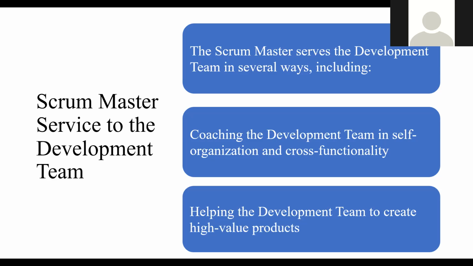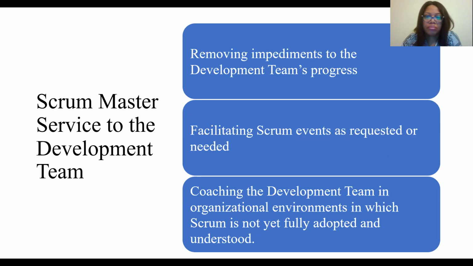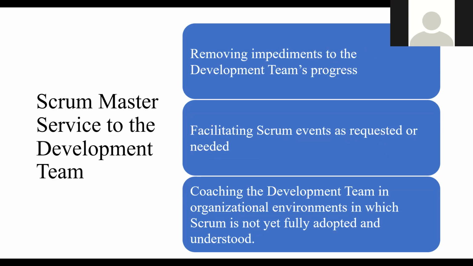Next slide. And like I said earlier, the Scrum Master removes impediments to dev team progress. When there is any issue hindering the progress of a backlog item, the dev team does not communicate directly with the product owner.